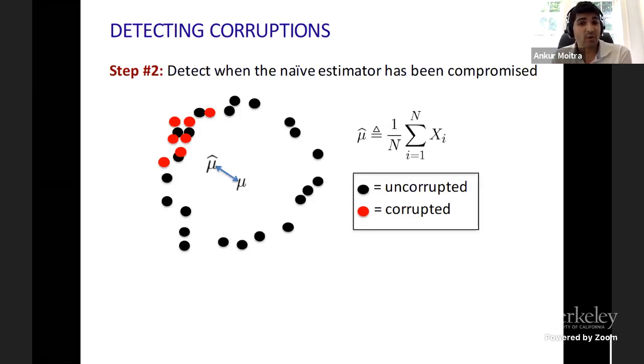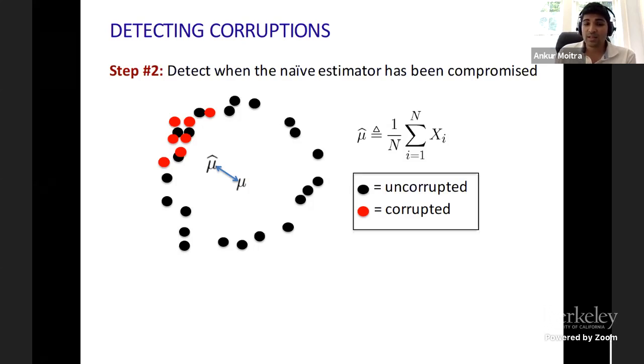If I hide the colors of these different samples, if I don't tell you which one is black and which one is red, you have no chance of figuring out which of the samples were inliers and which ones were outliers, because these red points will look statistically indistinguishable from the true samples if I do it right. So my goal isn't to detect which points have been corrupted and which ones haven't.